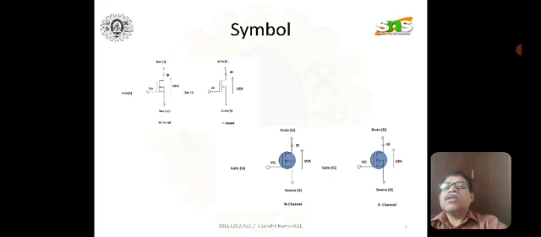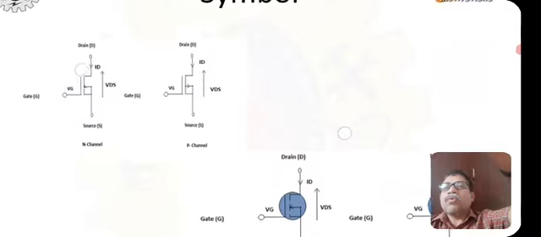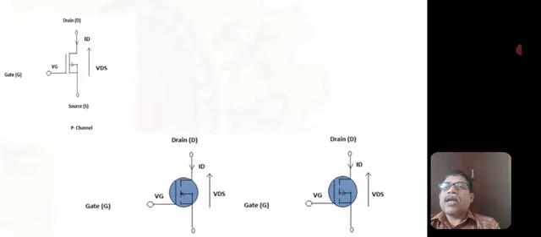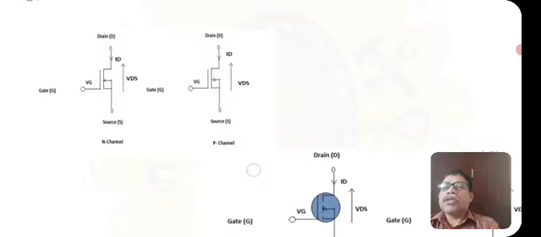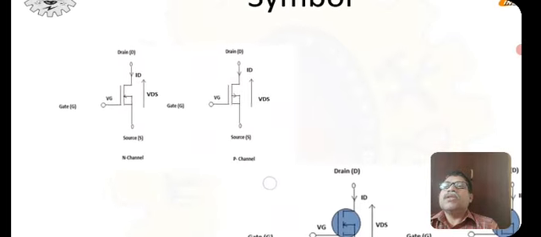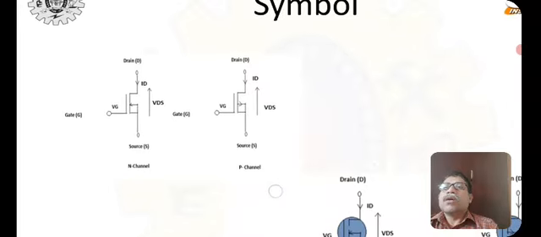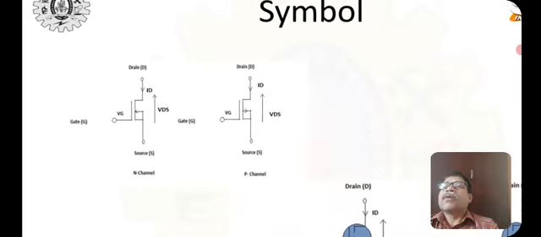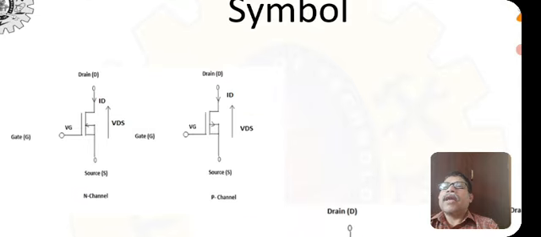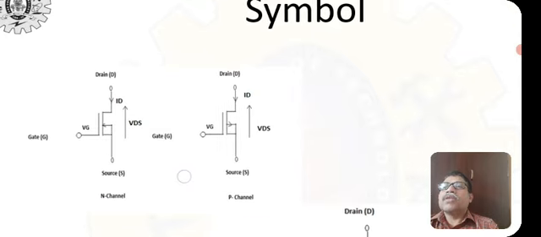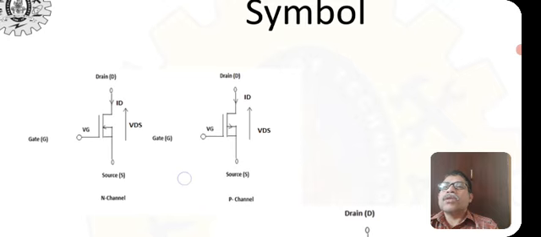Now let me show the symbol of the MOSFET, since we have discussed four types: N channel and P channel, depletion and enhancement. See here the N channel enhancement MOSFET: the gate is the left hand terminal, the drain is at the top, and the source is at the bottom.